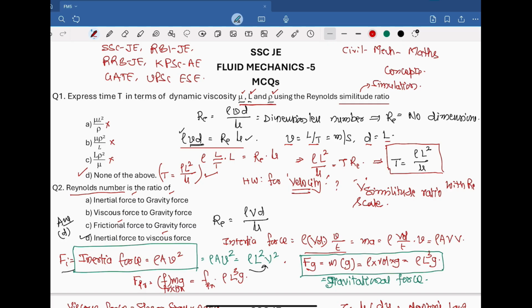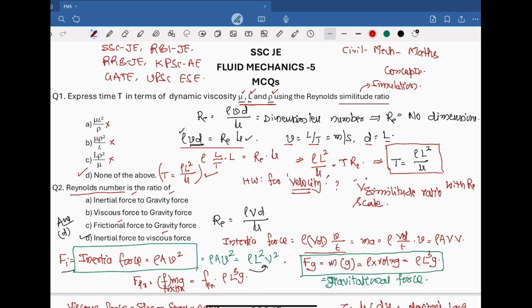Then I will take up fluid dynamics. Now with this, I feel we have completed definitions and properties. Now we move on to fluid statics.